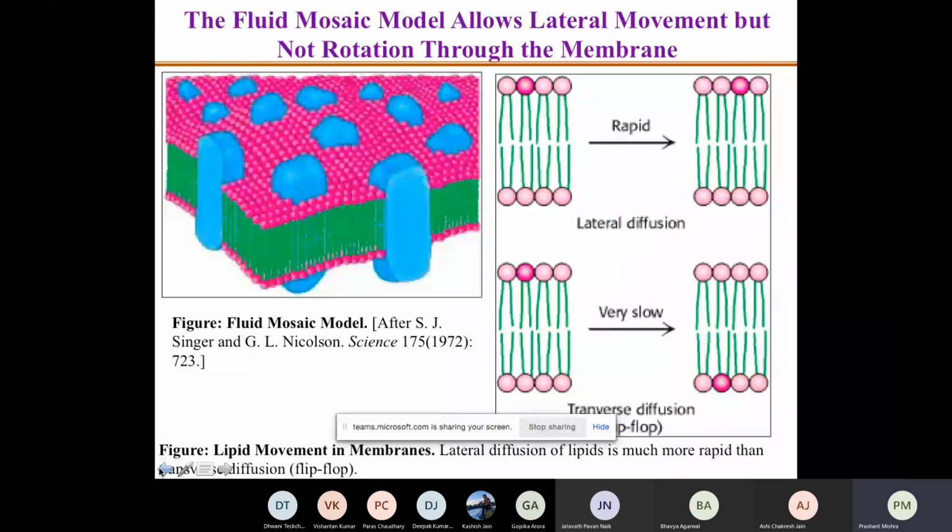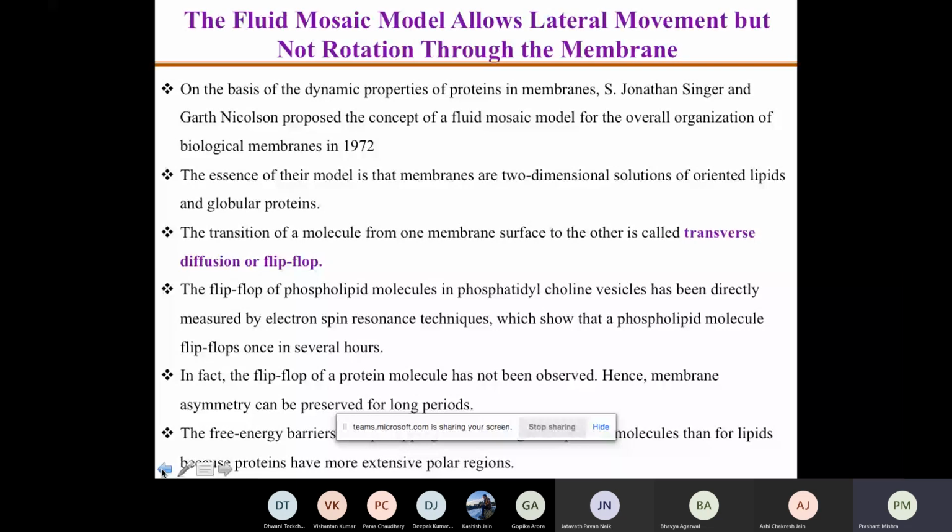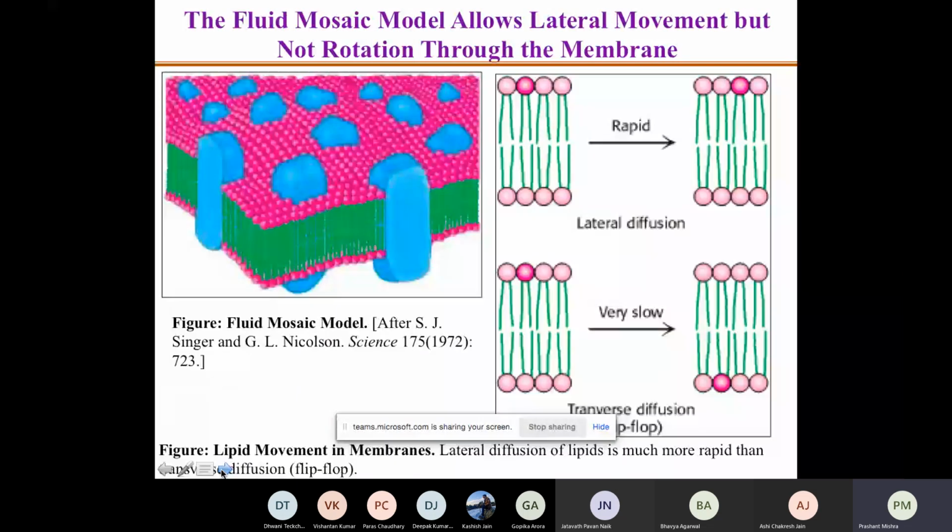Now, another point which needs to be discussed here is why such a restriction occurs. Why are they not moving? Suppose there is a phospholipid. I said they move laterally, they don't move from this place to that place. That means transverse diffusion is not possible.